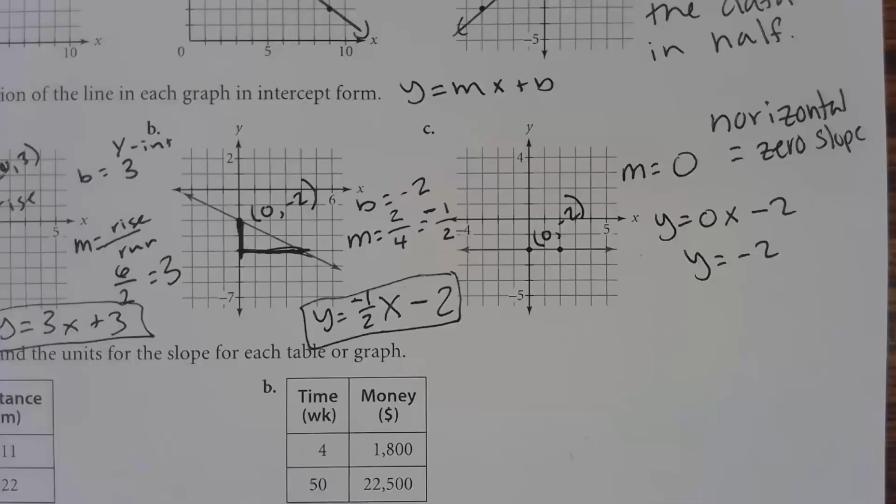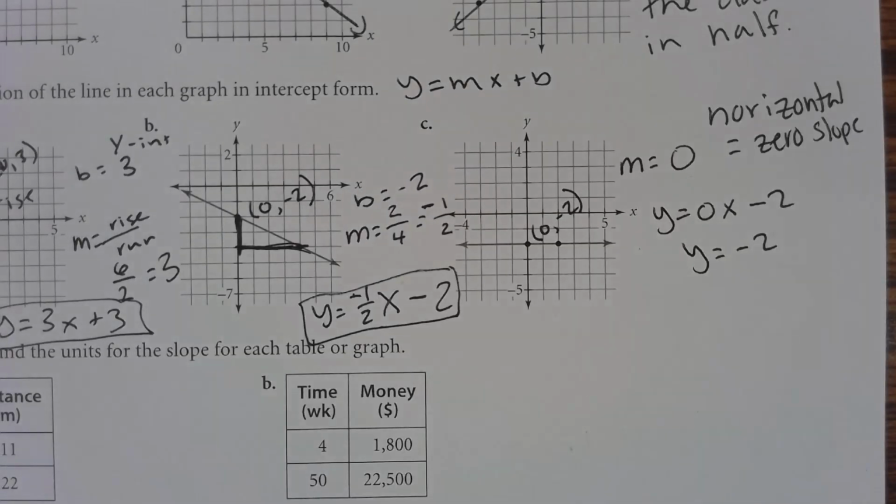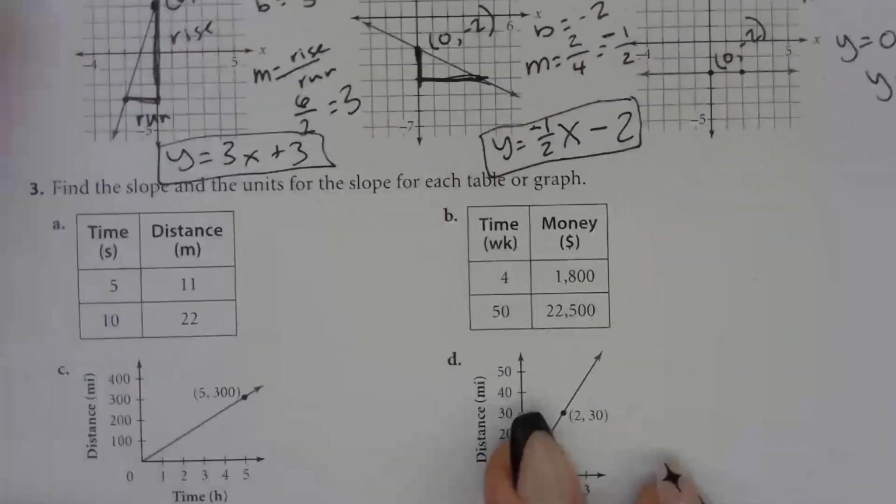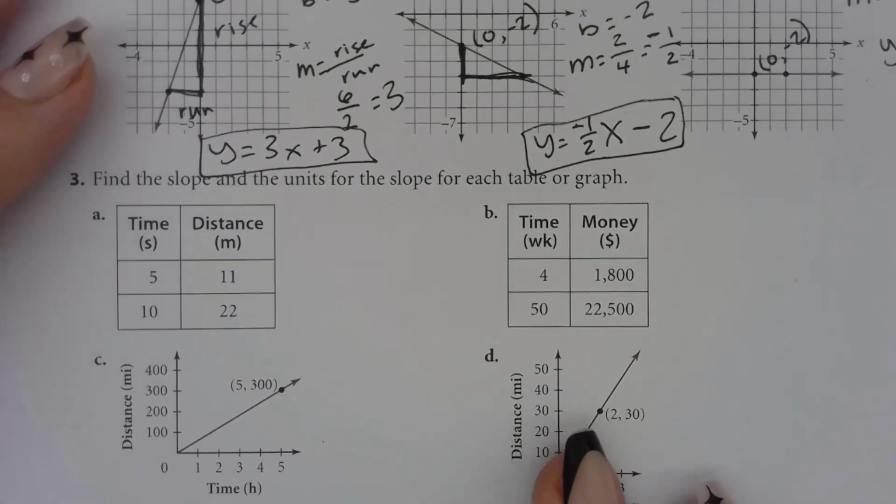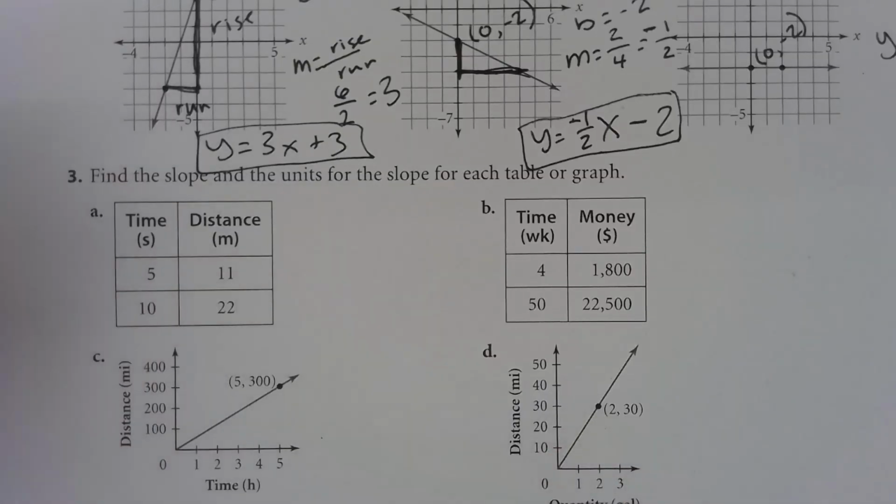Question 2. We good? Number 3. Find the slope and the units for the slope for each half.